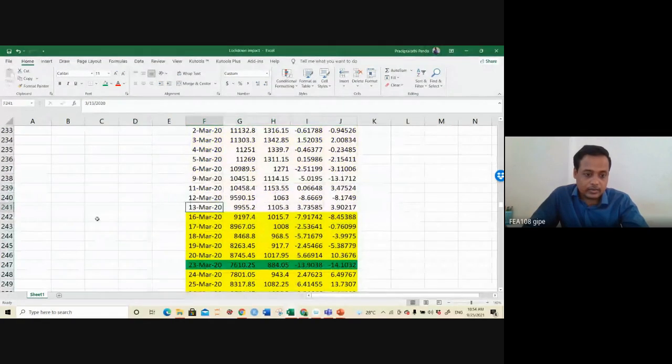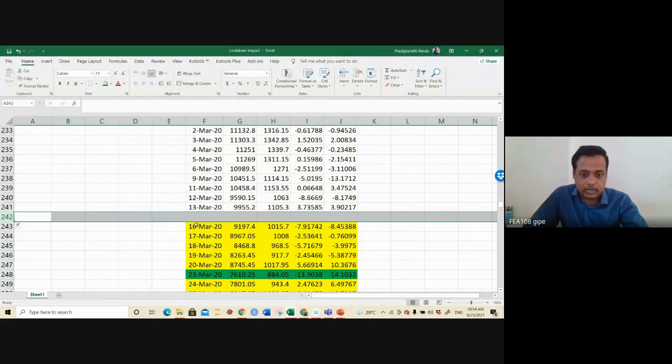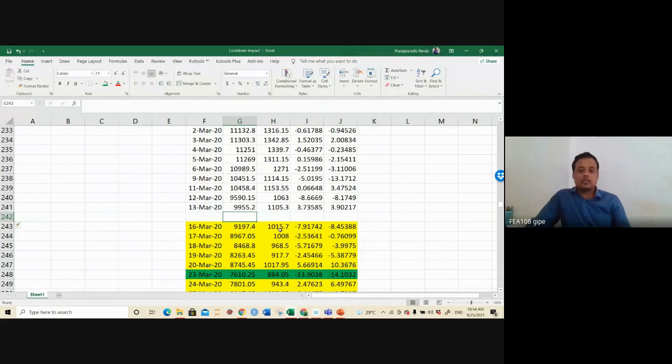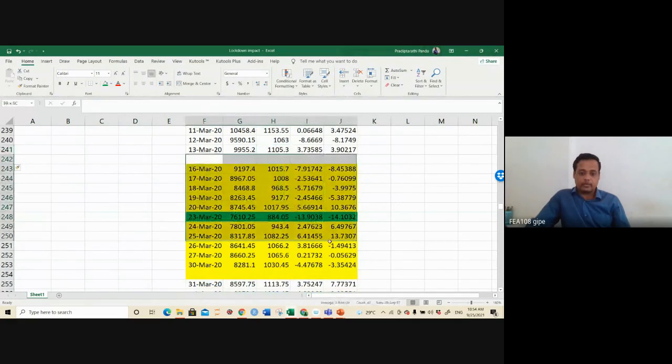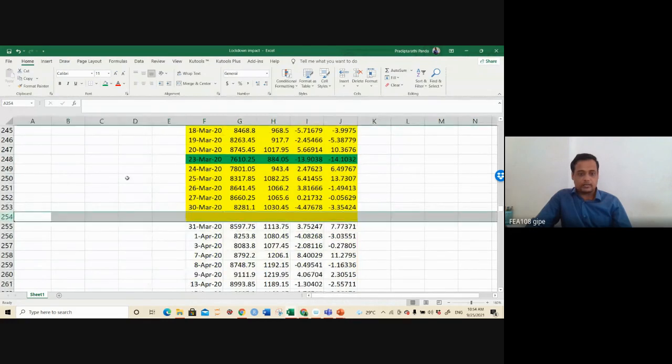Now here you give another break, just insert one blank row. Now your estimation window and event window has been separated by one blank row. Inserting one blank row here.